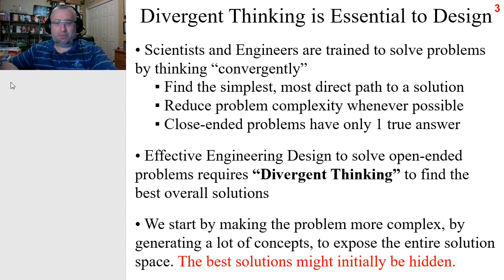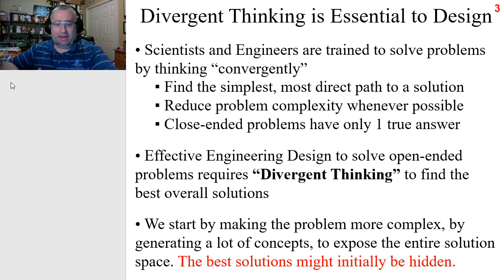is that you need to explore the entire design space, and exploring the entire design space requires divergent thinking to identify solutions that might not be initially apparent or obvious as you start to tackle a design problem from the beginning.